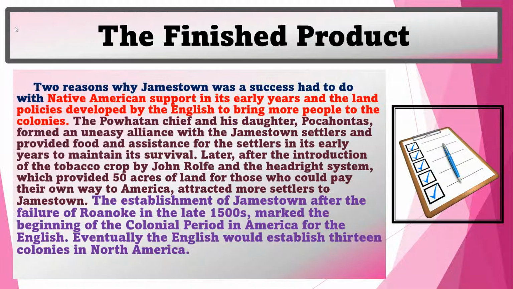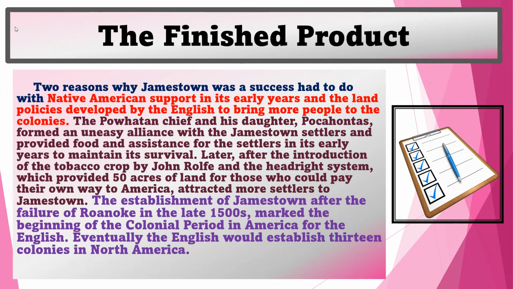Native American support in its early years, and the land policies developed by the English to bring more people to the colonies. There's my two reasons. Now I need to cite some information to back these up. The Powhatan chief and his daughter, Pocahontas, formed an uneasy alliance with the Jamestown settlers and provided food and assistance for the settlers in its early years to maintain its survival. Period. There's my first reason for success.